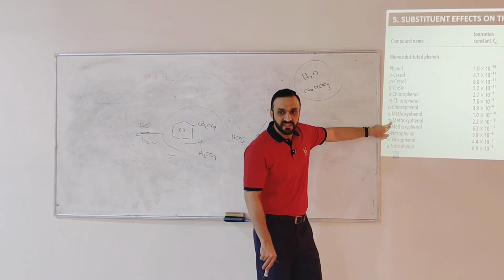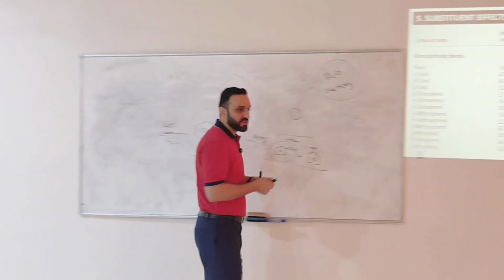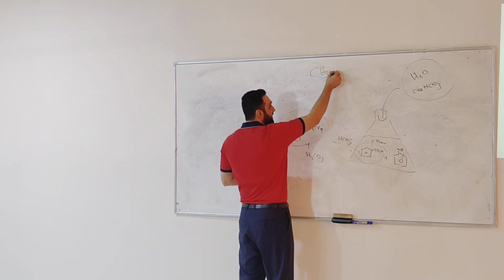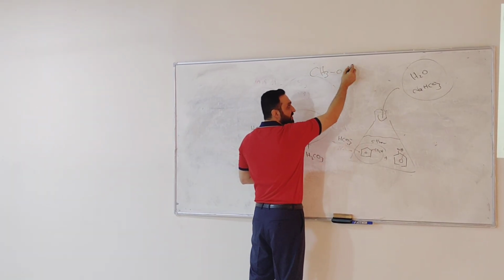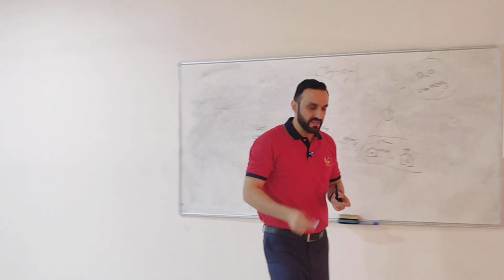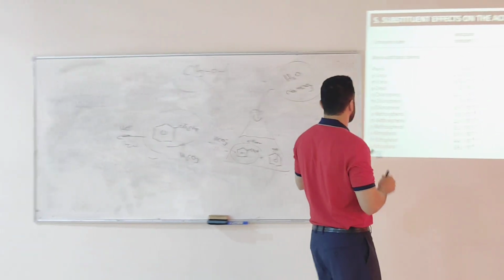What does methoxy mean? Do you know? Methoxy يعني CH3O bonded. CH3O is the methoxy group.